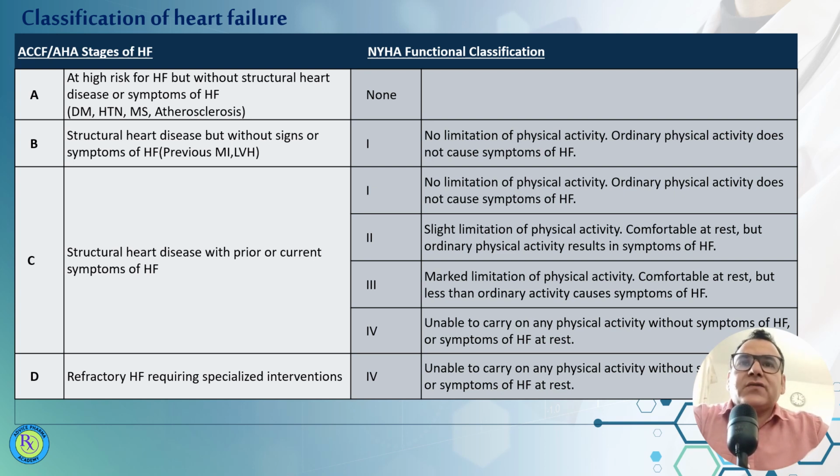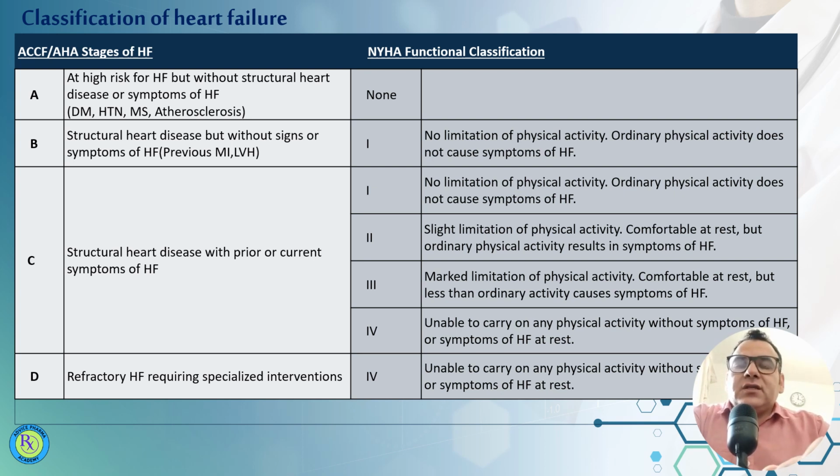For functional classification, patients in stage A don't have a comparable functional classification in the NYHA group, while stage B is equivalent to class 1, who have no limitation of physical activity, and ordinary physical activity doesn't cause any harm or symptoms of heart failure.